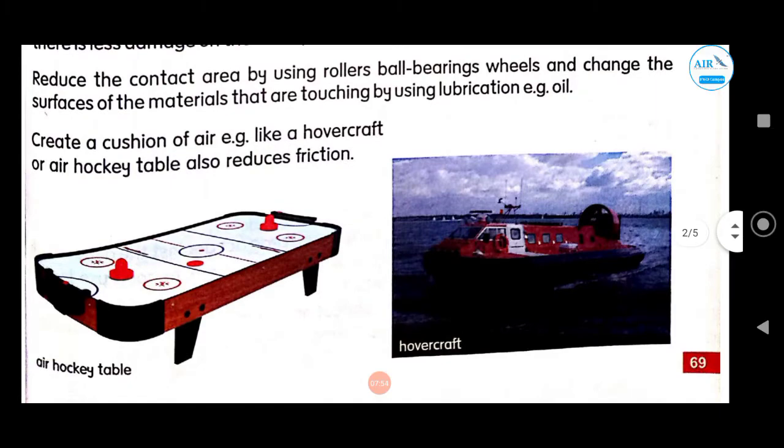Here you have some air hockey table. Also, if you have played carom board or snooker: in carom board we throw some powder-like matter over the table to make the pieces frictionless, so that they can slide over easily and go into the particular place.